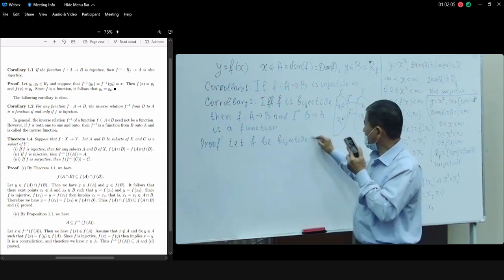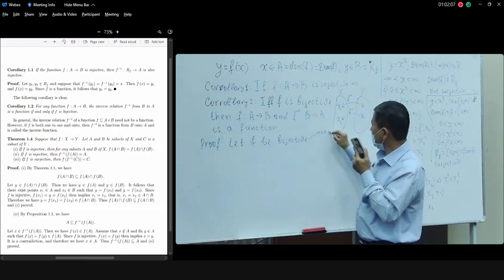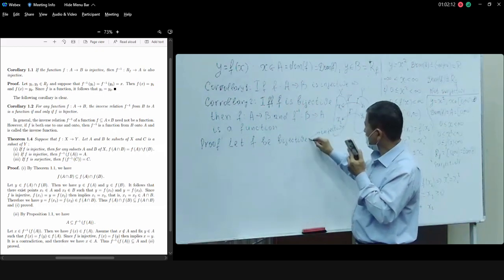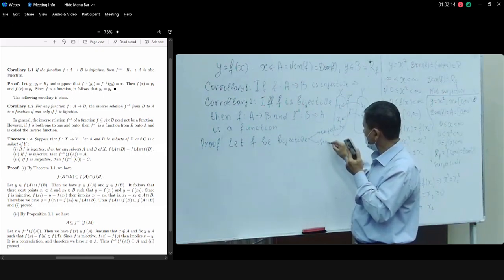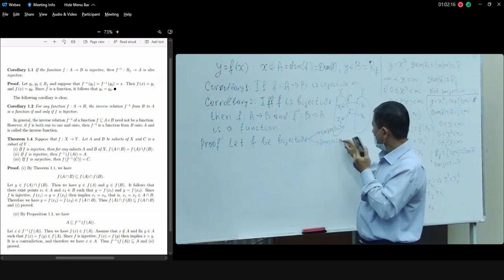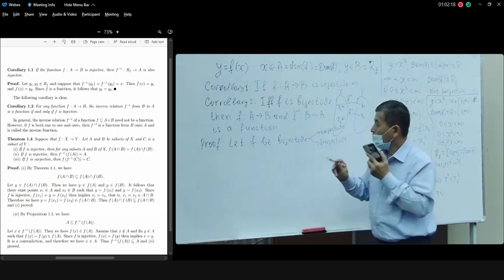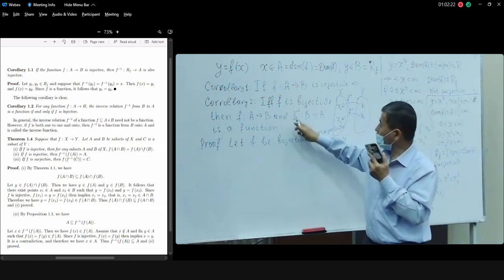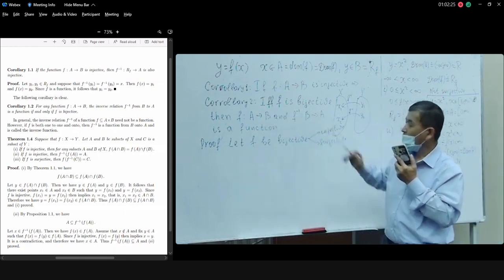So it means it is injective and surjective. Now I have to show that f minus 1 mapping B to A is a function.